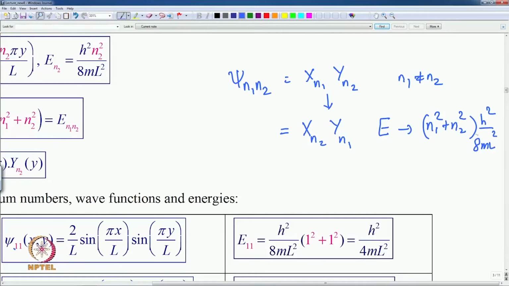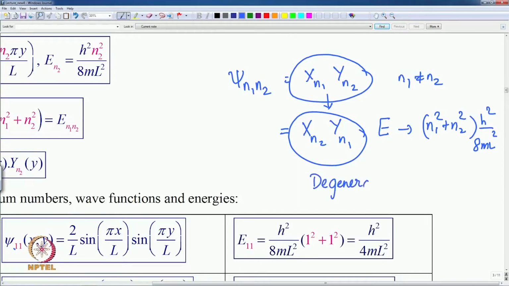Therefore, you see that you have the same energy, but you have two physically different states, x of n1 y of n2 and x of n2 y of n1. Both states have the same energy. This is what is called a degenerate state. Degeneracy is 2, because there are two states which have the same energy but have different quantum states.